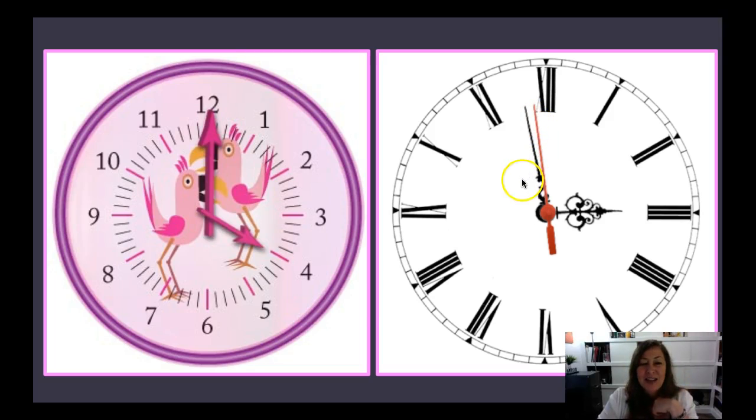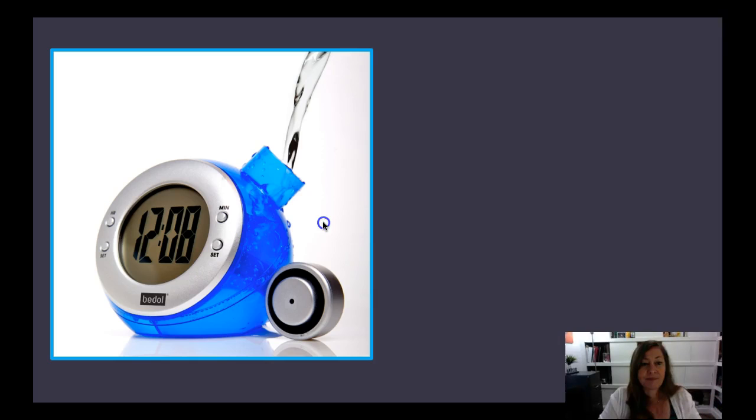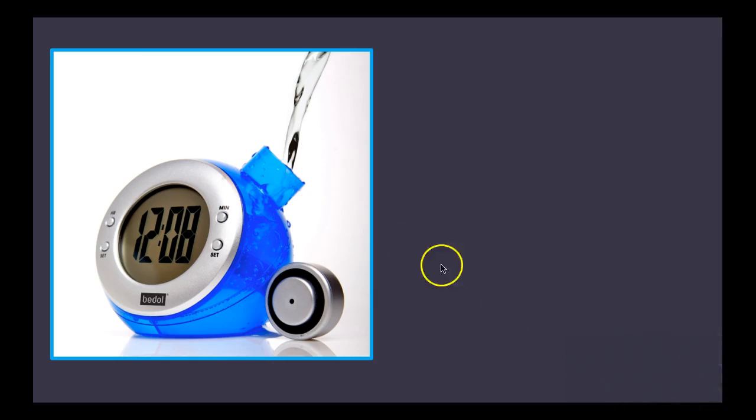Bien? Now let's take a look at the difference between going, ¿qué hora es? Y ¿a qué hora? In context here. So, ¿a qué hora es la clase de español? So we're going to say Spanish class is at 4 o'clock on the dot. Start with, la clase de español es a las 4 en punto. Bien. ¿Qué hora es? Would you start with es or son?